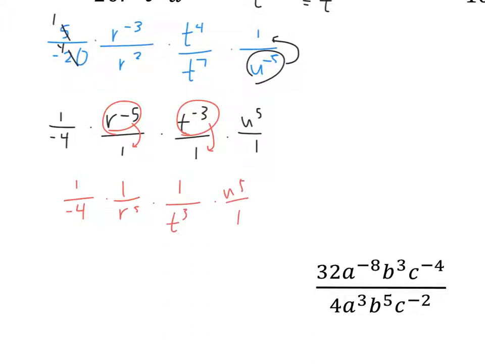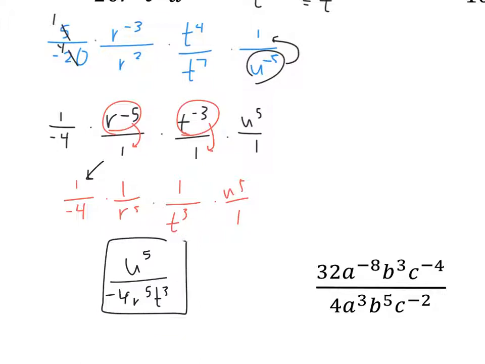So now if I combine everything, I have u to the fifth on top. I do not need to write that 1 because it's a silent 1 in front of u to the fifth. And then I have negative 4, r to the fifth, t to the third, and that is my final answer.